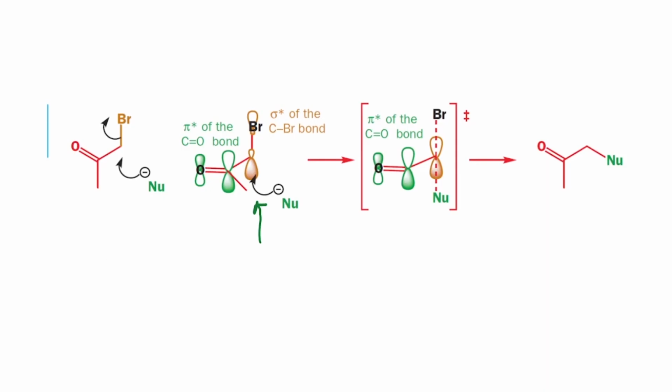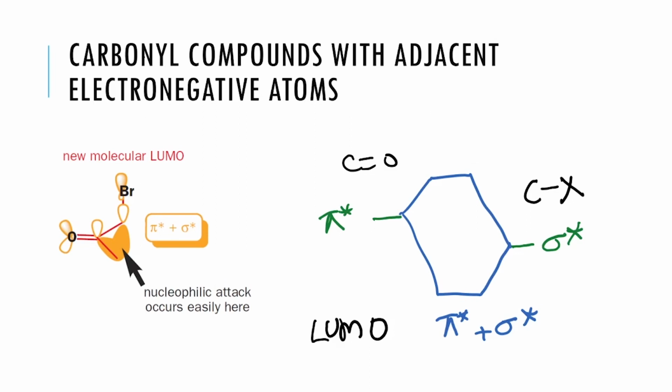So therefore the carbonyl compound with an adjacent electronegative atom is a very special situation, and you can draw out an orbital picture such as this. Here is the pi star of the carbonyl compound, and here is the sigma star of the C-X bond. And now when they combine, they produce a new orbital which is of substantially lower energy compared to the pi star and the sigma star.